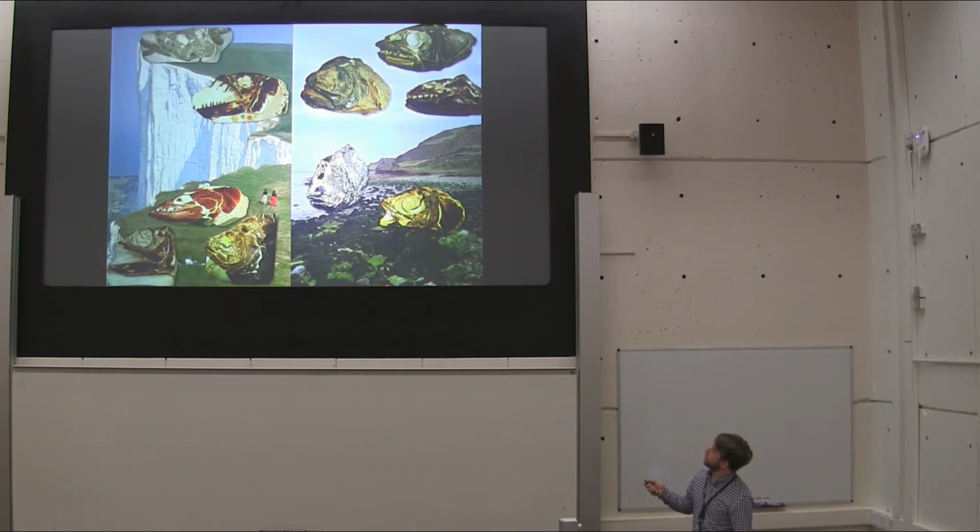Both deposits preserve fossil fish crania in exceptional three-dimensional preservation. And these are essentially directly comparable to the sorts of information that you can get out of recent fish material, which means that we can apply these biomechanical models that have been developed for studying extant organisms.